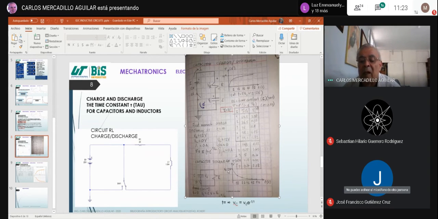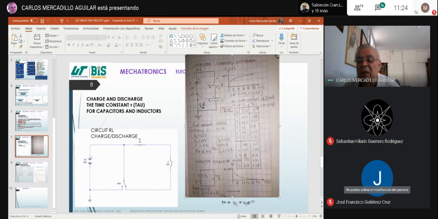But then we can call it V0, like the initial value of voltage. So it will start decreasing. At time 1 tau, it will decrease to 36.8%.